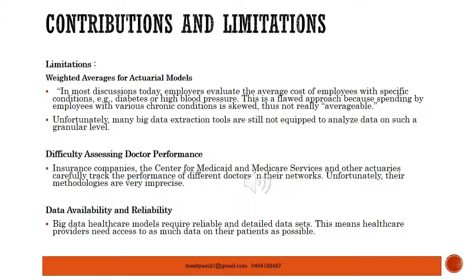The last limitation of big data is data availability and reliability. Big data healthcare models require reliable and detailed datasets. This means healthcare providers need access to as much data on their patients as possible.